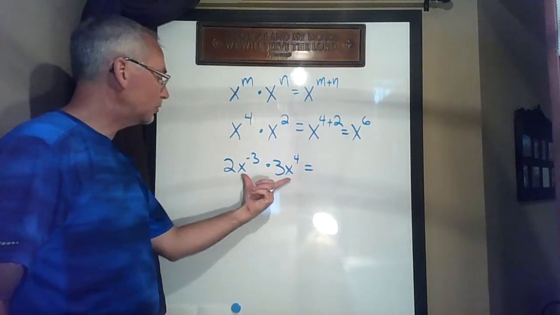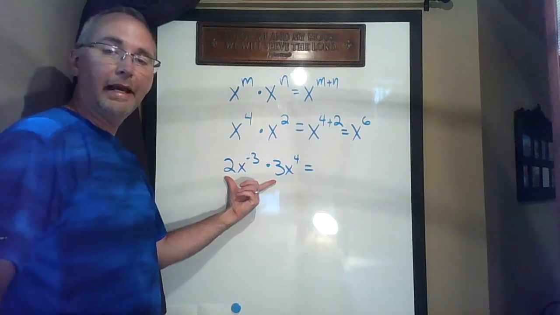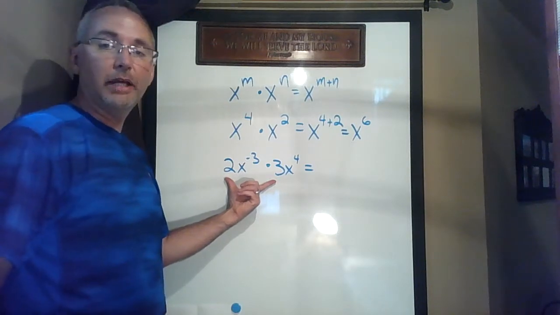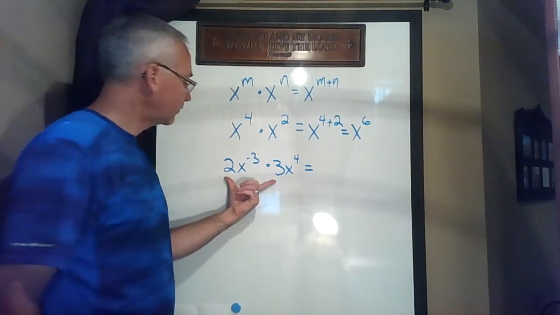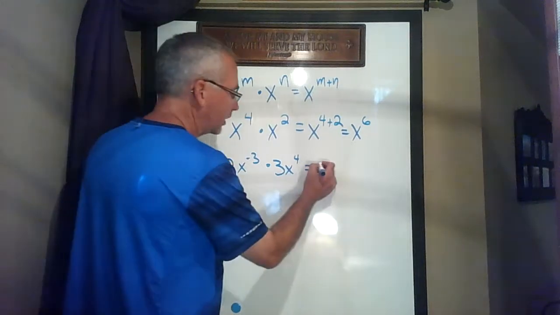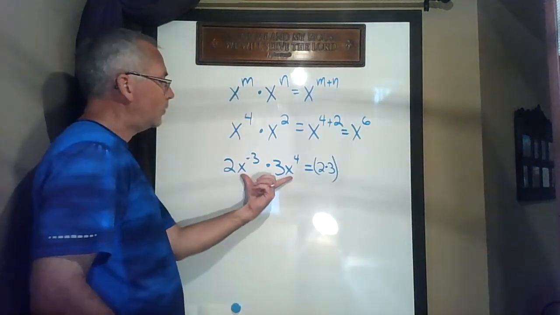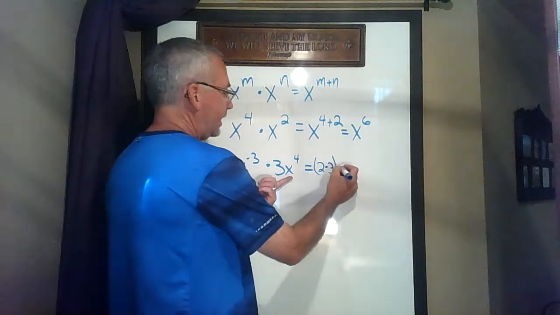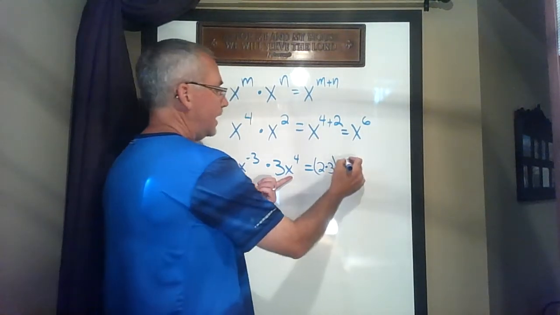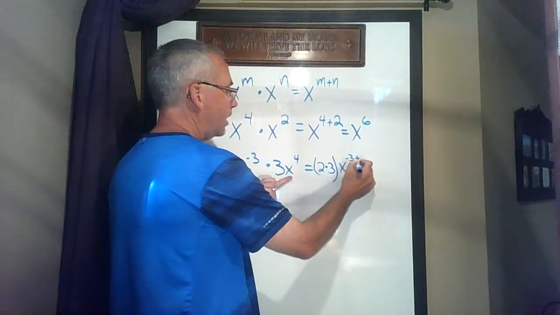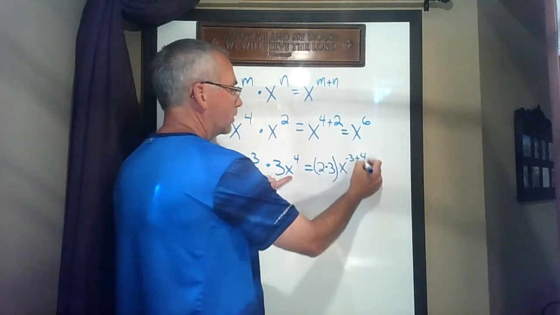They're not variables, so we actually know what they are. And guess what? We just follow normal multiplication rules for coefficients. So this is really just 2 times 3, just like you normally would. But now we get to our x's, and that is x to the negative 3 plus 4.